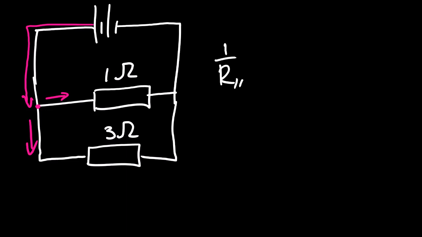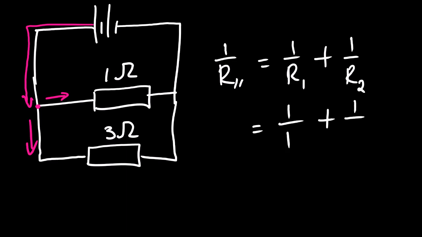Then the equation to calculate parallel connection is this one, and then 1 over the magnitude of the first resistor is 1 plus the second one is 3. So this is 1 over R parallel. So 1 over 1 plus 1 over 3 is 4 over 3, 1 over R parallel.